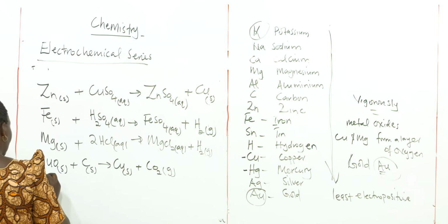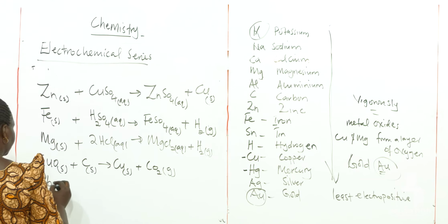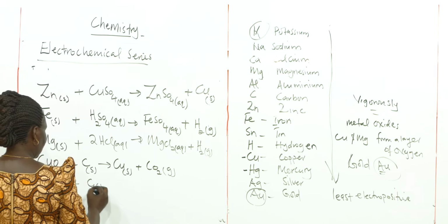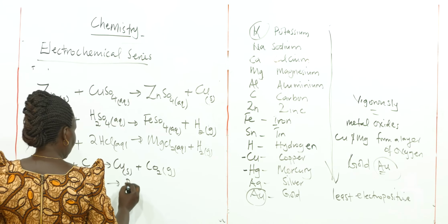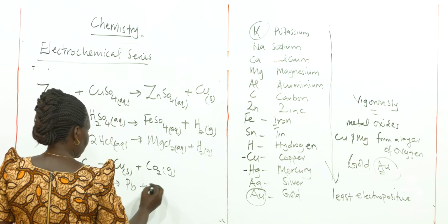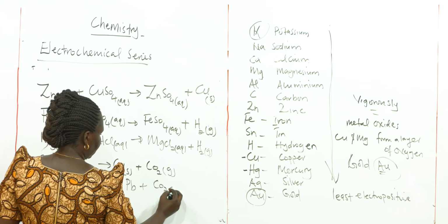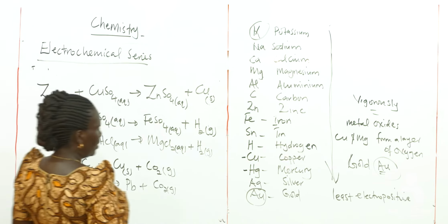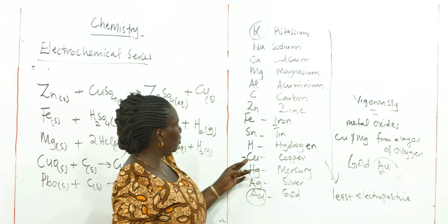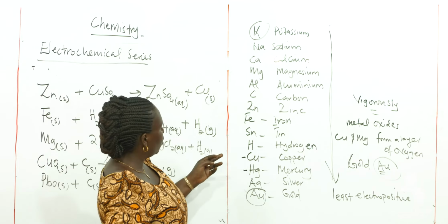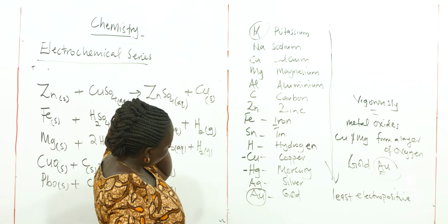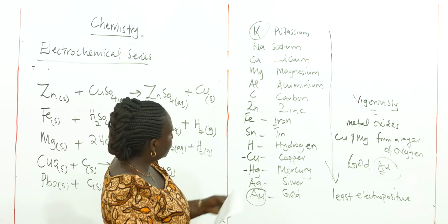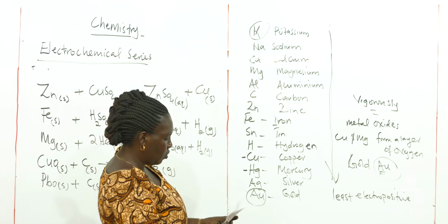We have lead oxide plus carbon. This will be reduced to give us lead plus carbon dioxide gas. So we have oxides of metals below carbon, that is, oxide of copper and oxide of lead.